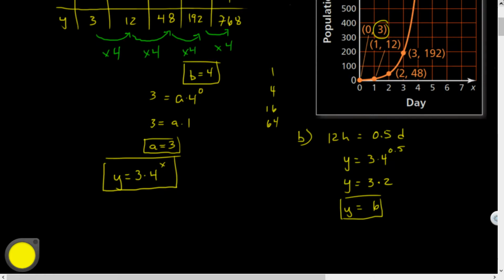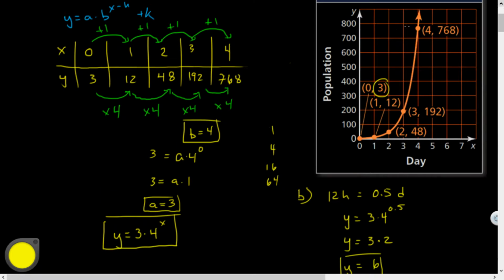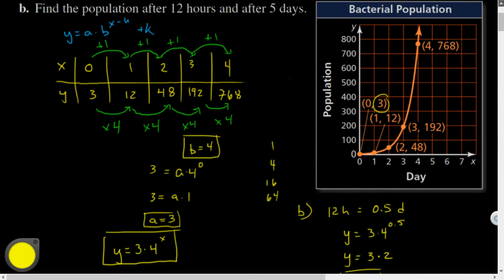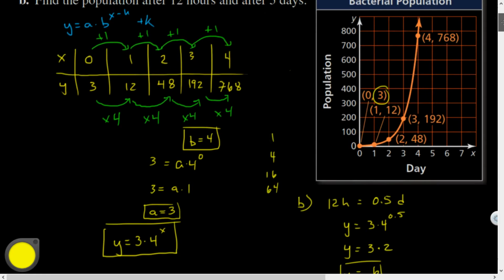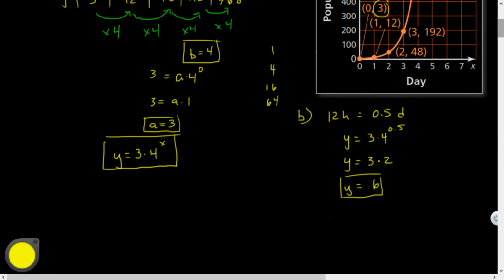All right? But then they asked another question. They said, what is the population of the bacteria after 5 days? So I can't just read it off the graph. So if x equals 5, I would just plug in 5 in my equation. y equals 3 times 4 to the 5th.